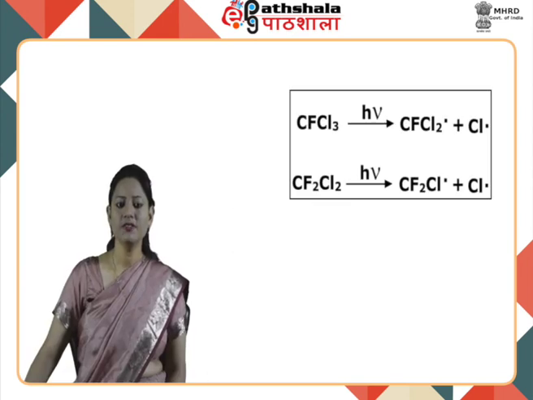So, CFCl3 in the presence of ultraviolet light forms CFCl2 radical plus chlorine free radical. The CF2Cl2 can also dissociate in the presence of UV radiation to CF2Cl radical and chlorine radical.